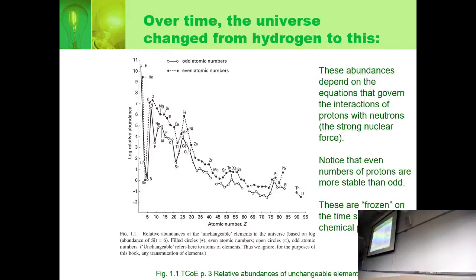And this is, by the way, a log scale of the relative abundance in the whole universe. Now, if you'll notice, lithium, boron, beryllium, those are really low. There's a really interesting thing about the universe: they're hard to make. They actually fall apart easily. There's a little bit in the book about how you get past this.